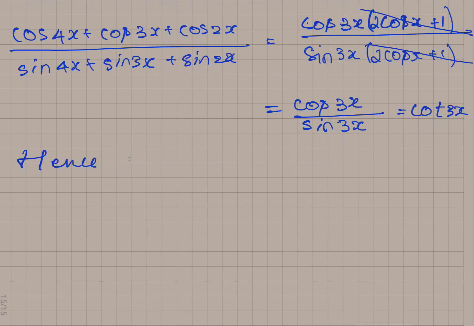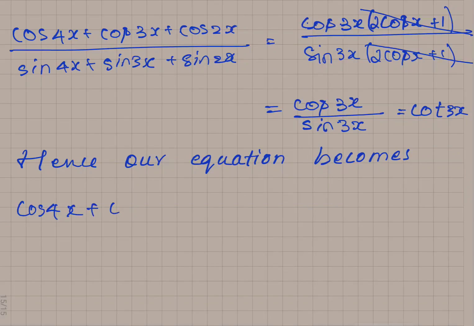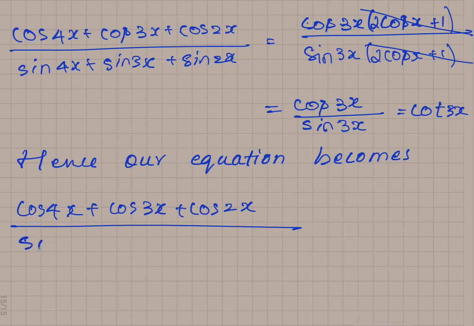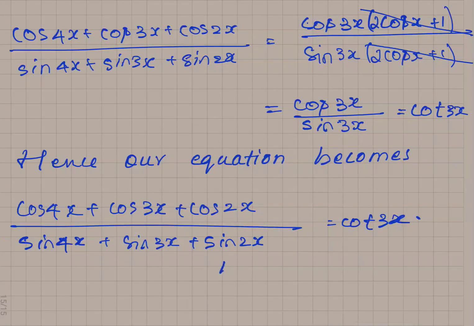Hence our equation becomes cos 4x plus cos 3x plus cos 2x upon sin 4x plus sin 3x plus sin 2x is equals to cot 3x. LHS is equals to RHS. Proved.